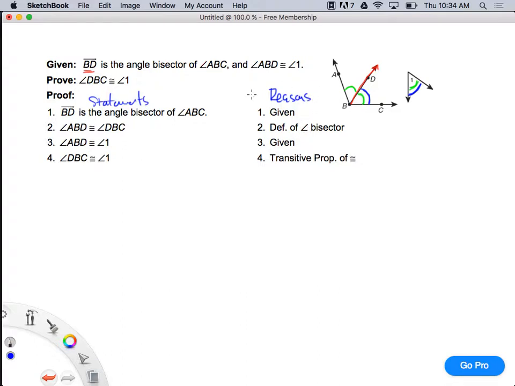On the left are the statements, on the right are the reasons. So the first thing is BD is the angle bisector of ABC, and that's given. Now, the next thing is I know that angle ABD is congruent to angle DBC. Why? Because that's the definition of angle bisector.